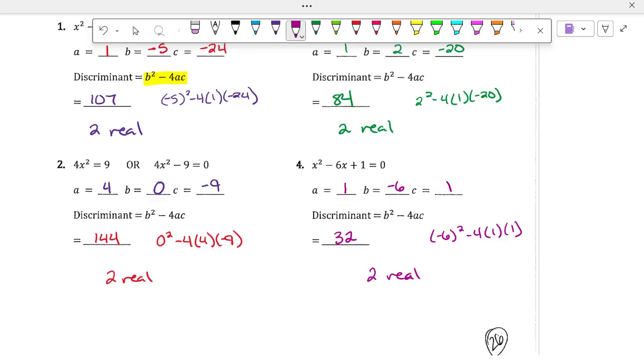All right, kind of getting it a little bit? Well, we're just going to keep on trucking. So we then square root everything.